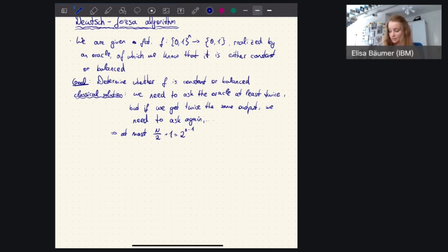So in the worst case, I'm getting N/2 times the same, and then I do one more query, and that then tells me whether it's for sure constant or balanced. So n, as I said, is the number of input bits, and capital N, which equals 2 to the n, is the number of realizable bit strings.